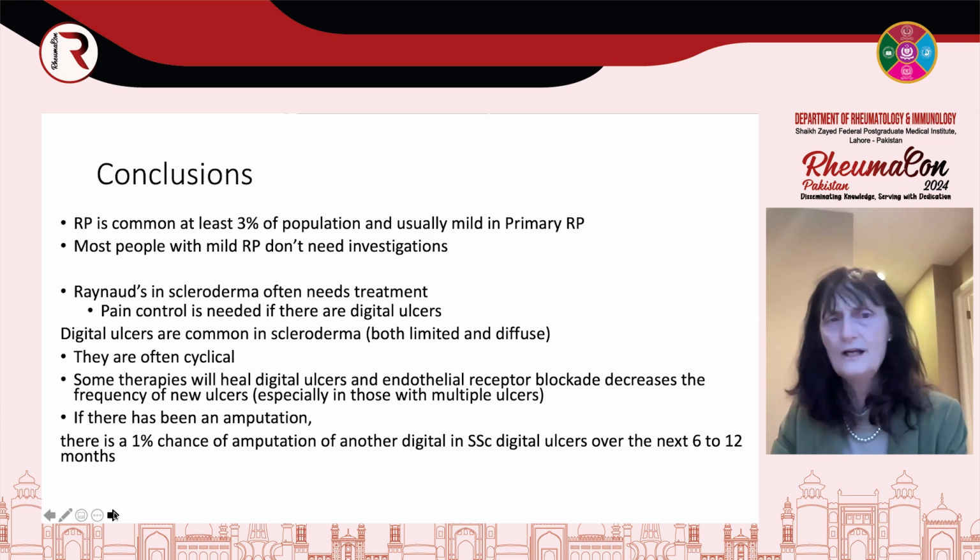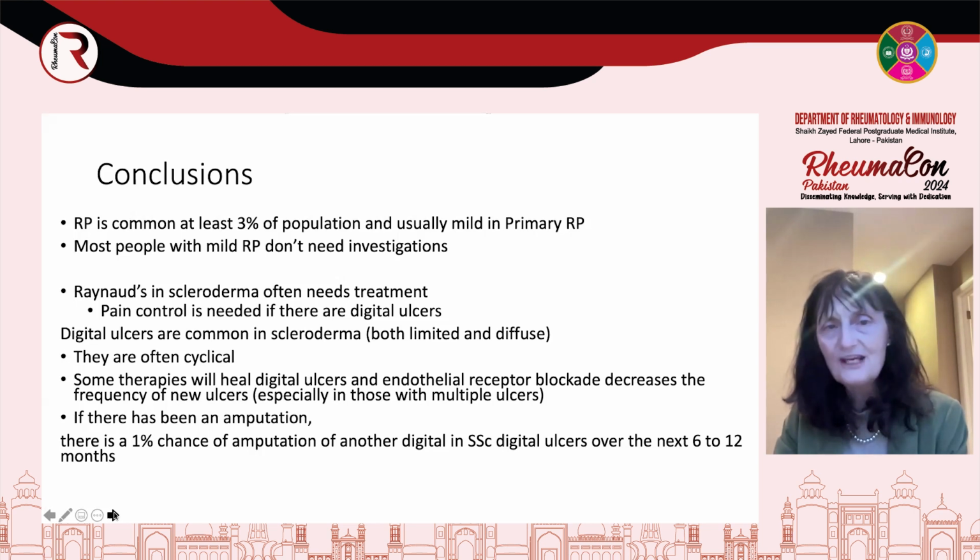They can be cyclical. You can have 3 ulcers this rainy, damp season and none for the next 2 years. So they can be quite cyclical. We want to heal digital ulcers by increasing blood flow. We want to prevent new ulcers by either drugs that increase blood flow or possibly bosentan.